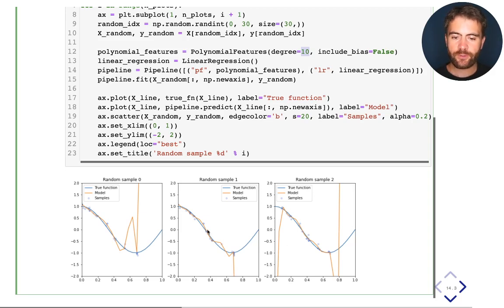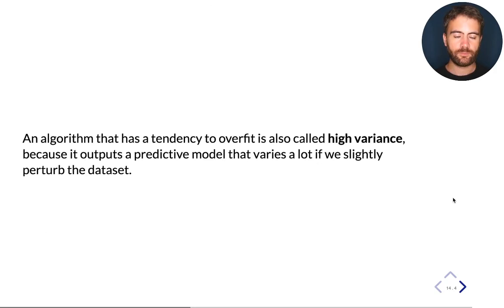Here I have a different sample of 30 points which comes from the same distribution, but this different subset completely changes the output of the model, the shape of the curve, and therefore we say that here we have a problem of high variance because the solution varies a lot when we slightly perturb our data set. So again, an algorithm that has a tendency to overfit is called high variance.